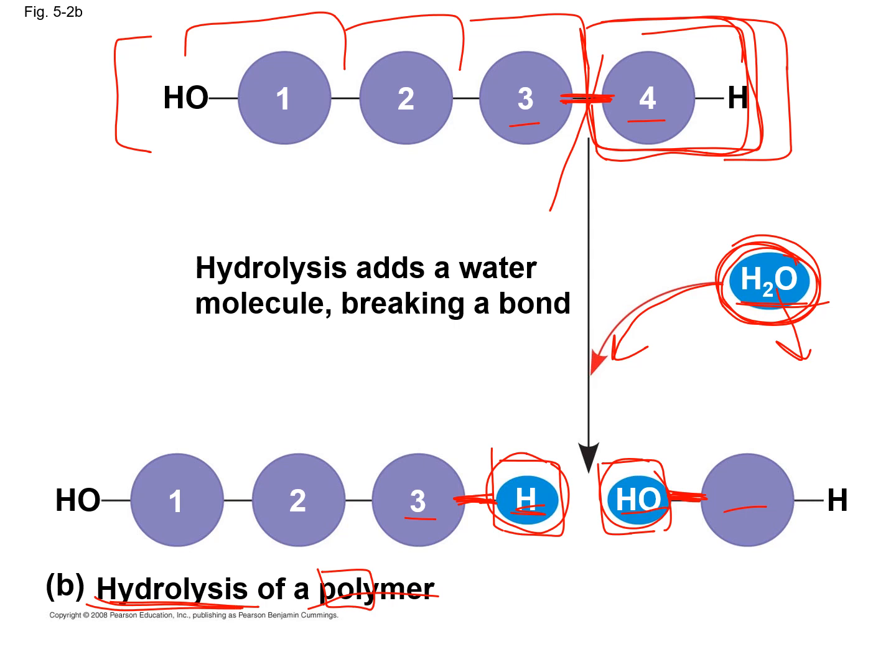That's basically a hydrolytic reaction. Now, when you are breaking these covalent bonds, often they're a carbon to hydrogen covalent bond, and that releases energy. So hydrolytic reactions tend to be exergonic. They tend to have a net release of energy.